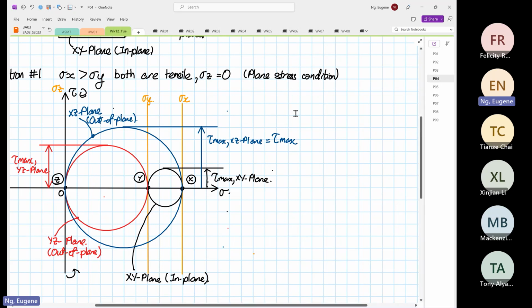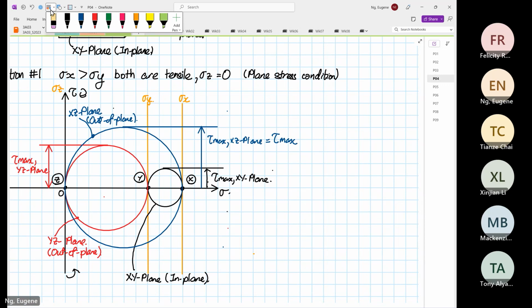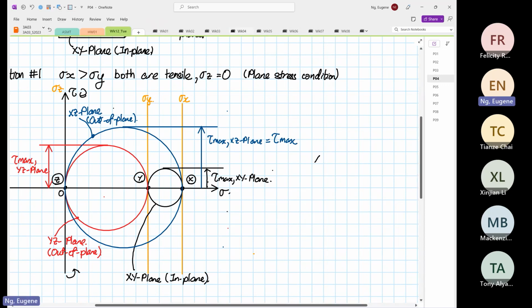So if I were to draw the element on the XY plane, it is a square. We know it looks like this.